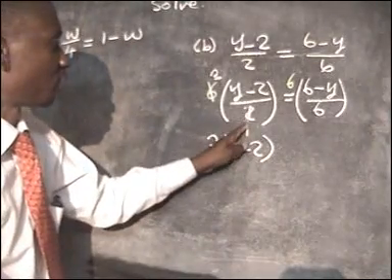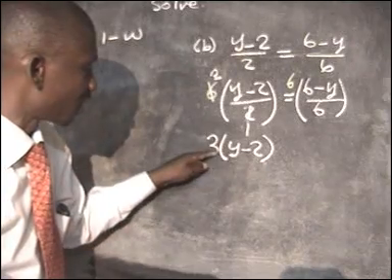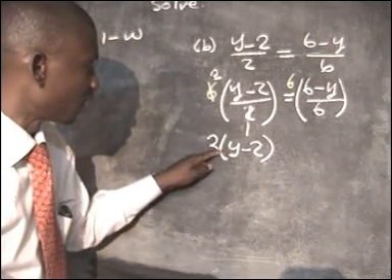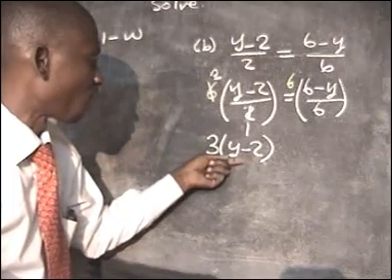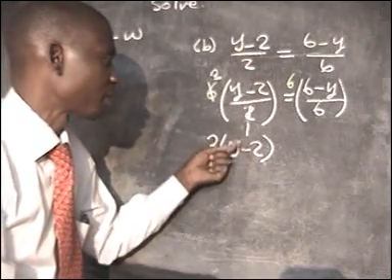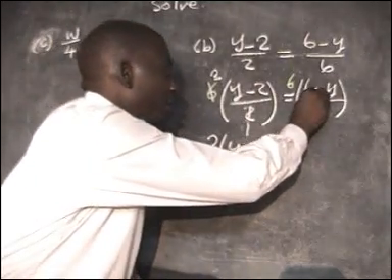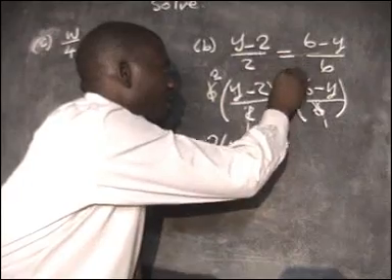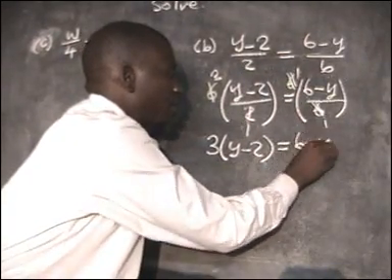I have cancelled the 2 to remain with 1. It would be a waste of time to write 3 outside the brackets, (y - 2), over a 1, because dividing by 1 maintains the same. On the right, 6 into 6 is 1, and 1 multiplied by (6 - y) gives 6 - y.